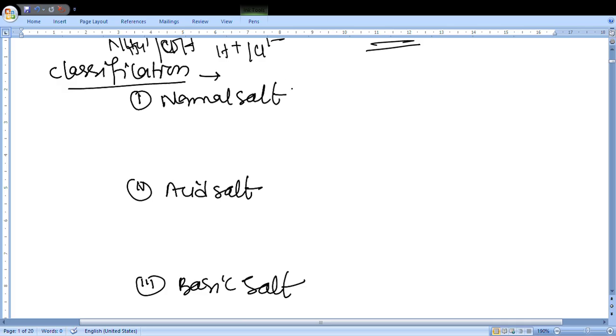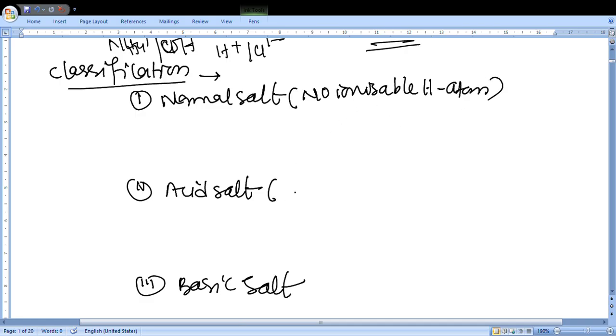In one word, if we complete the definition, no ionizable hydrogen atoms should be present in normal salts.